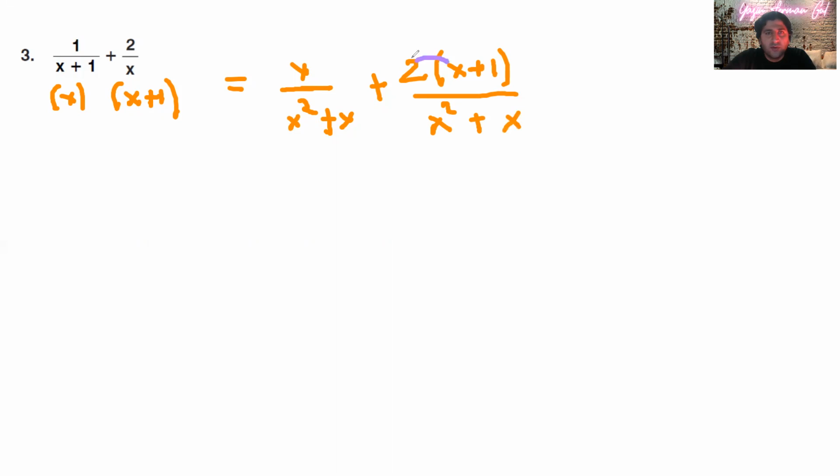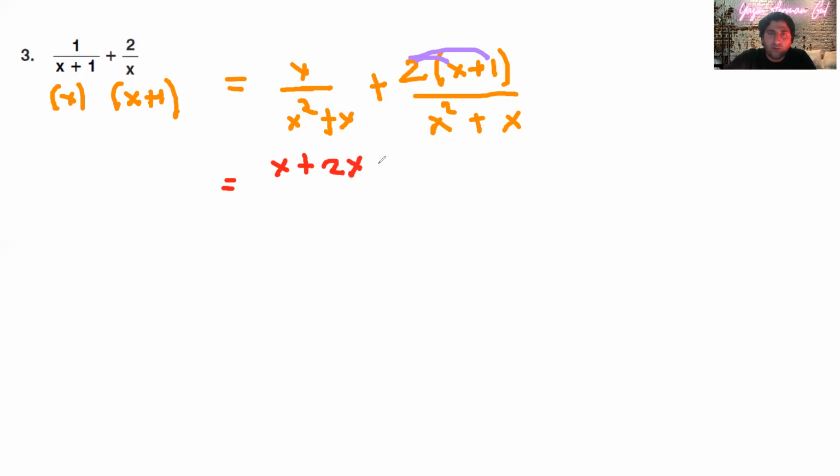Now I'm going to do this here. See, 2 times x and this 2 times 2. So this equals, x plus, I'm just going to add the numerators together because the denominators are the same now. 2 times x will be 2x.